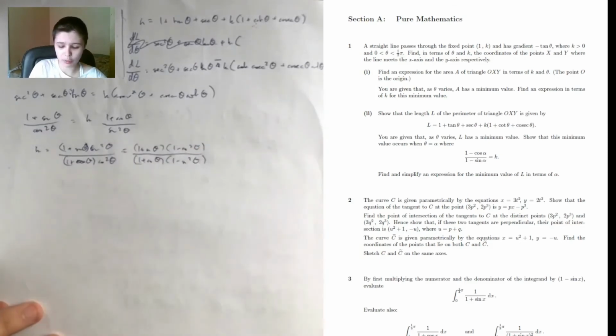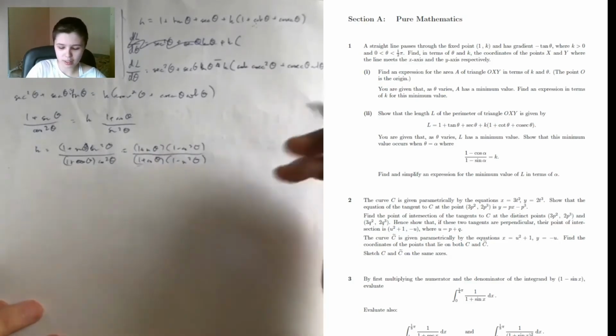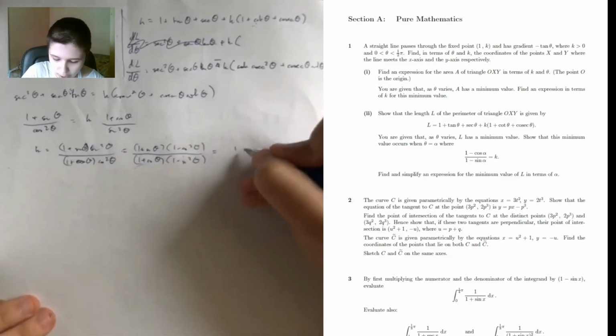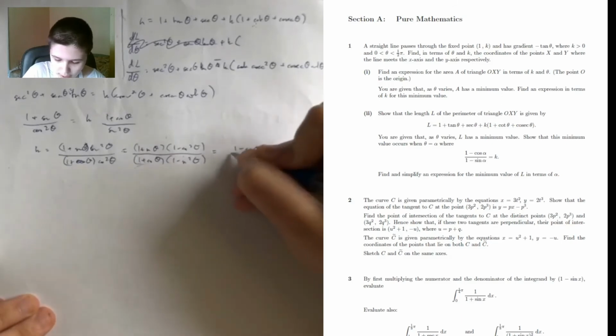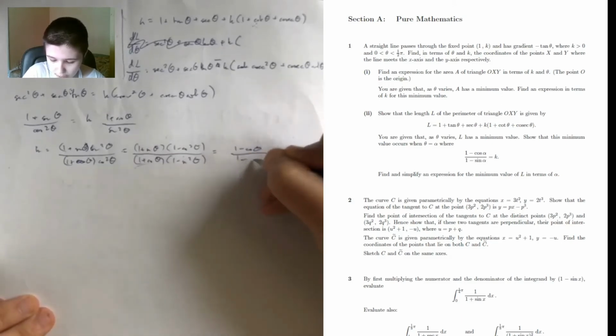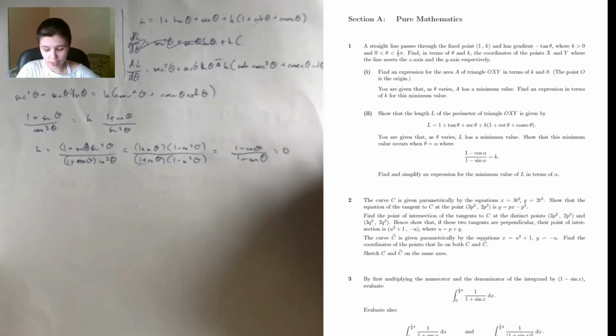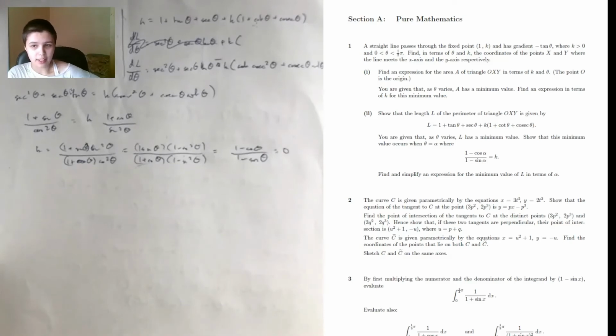And here you expand 1 minus cos squared theta as 1 plus cos theta, 1 minus cos theta, and you have the 1 plus cos thetas cancel, and the 1 plus sine theta also cancel, giving us 1 minus cos theta over 1 minus sine theta is k. This gives us the value for theta when it is a minimum or maximum, and because for acute theta there's only one, that's going to be alpha.